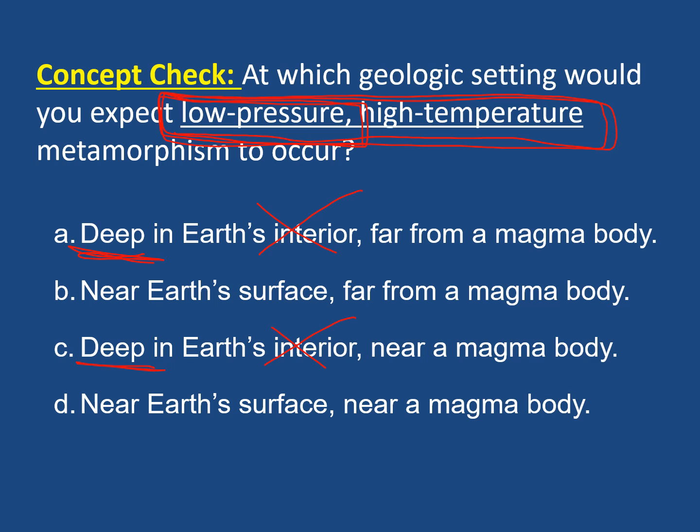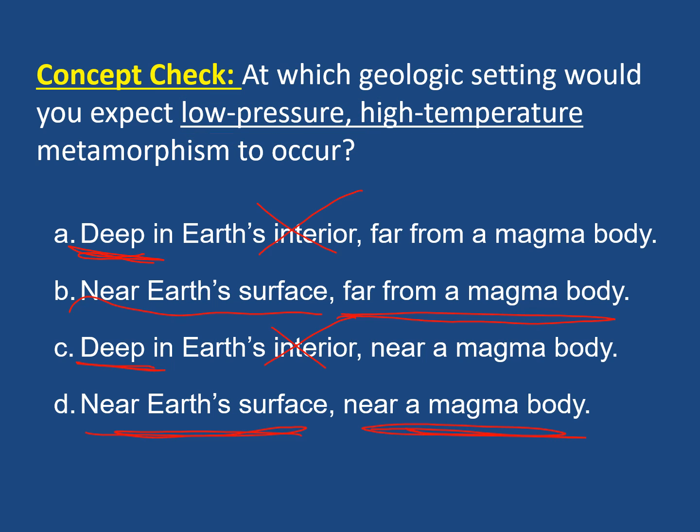B, are we near Earth's surface, far from a magma body? Well, if we're near Earth's surface, sure, pressure would be low, but if we're far from a magma body, temperature would also be low. So it's probably not B. What about near Earth's surface, near a magma body? That's going to give us the right conditions. If we're near Earth's surface, pressure is going to be low.